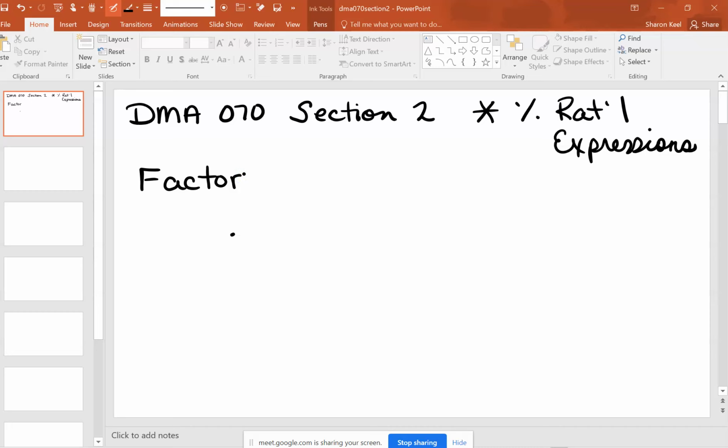all that we could. So what we're going to do today with multiplying and even dividing rational expressions is we're going to factor each numerator and denominator.